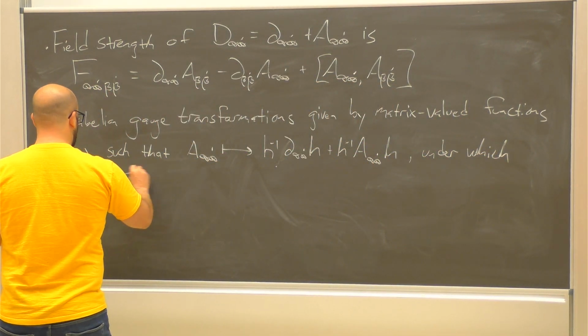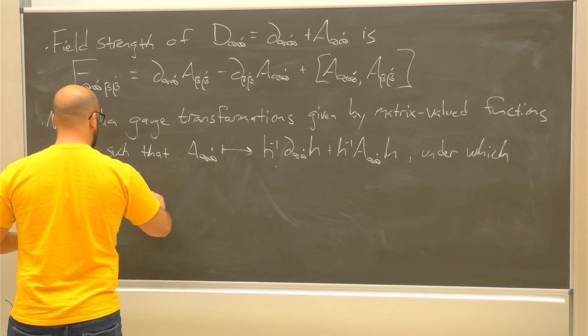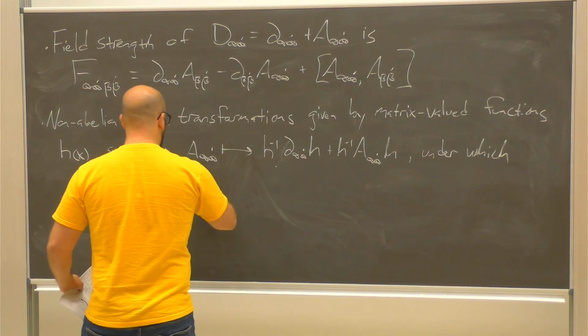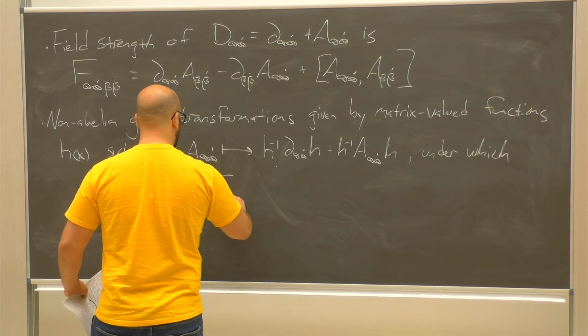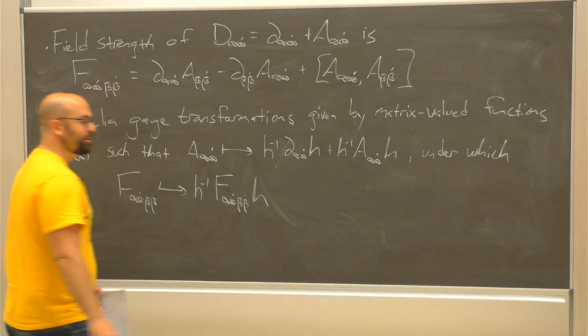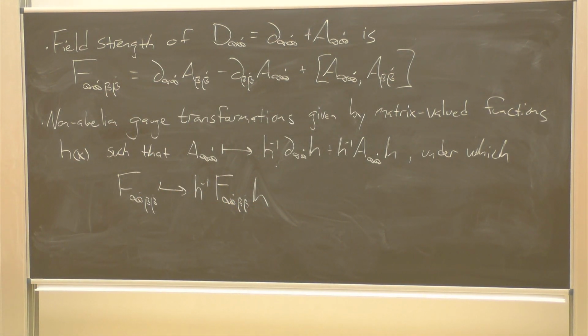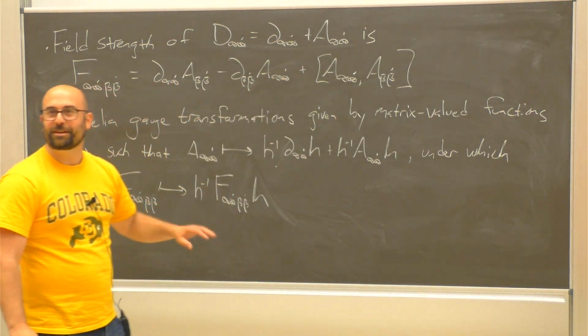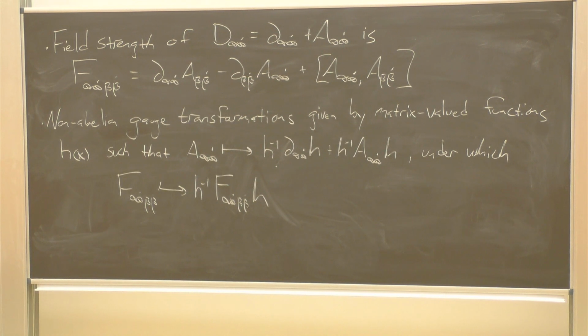So F_{αα'ββ'} goes to h^{-1} F_{αα'ββ'} h. Probably many of you have seen and worked through these sorts of things before. This is more just a standardized notation. Sometimes there are i's that float around here or different signs. These are the conventions that I'm going to be using.